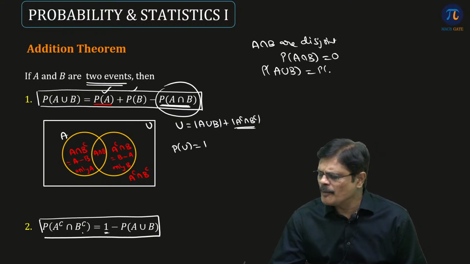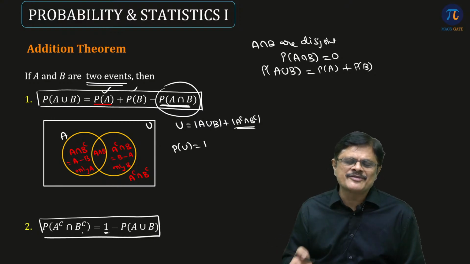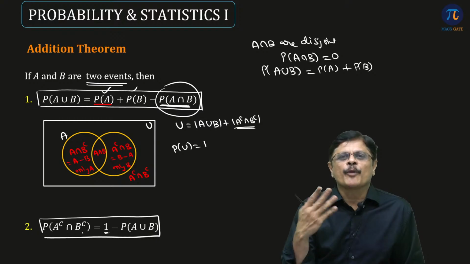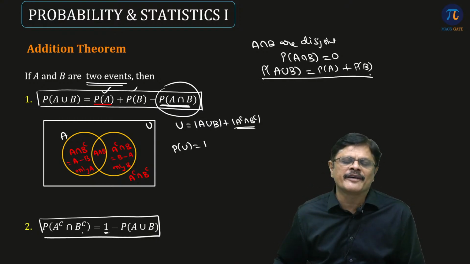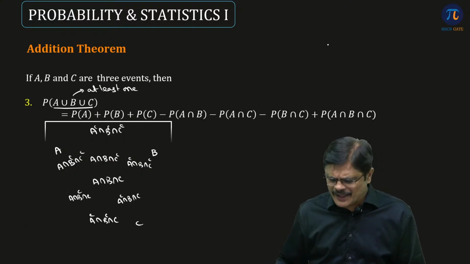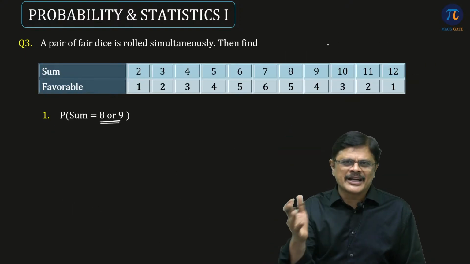It is simply probability of A plus probability of B. See, of course, this addition theorem can always be used, sir. Only thing is when the events are disjoint, A intersection B is empty. Therefore, probability of A intersection B will be 0. So probability of A union B becomes probability of A plus probability of B when the events are disjoint. So don't have to worry about it, sir. You don't have to study disjoint separately and this separately.